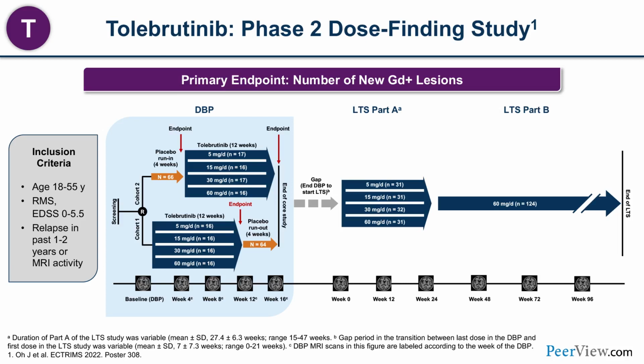But I think worth highlighting that Tolebrutinib used a very interesting study design that was unique for a phase 2 clinical trial in MS. And in my mind, really efficient and smart, as long as regulatory agencies will accept it, which they did. So as you can see, this was a study that had a placebo run-in and run-out period and allowed for the evaluation of 4 different doses of Tolebrutinib over a very short time period of 16 weeks.